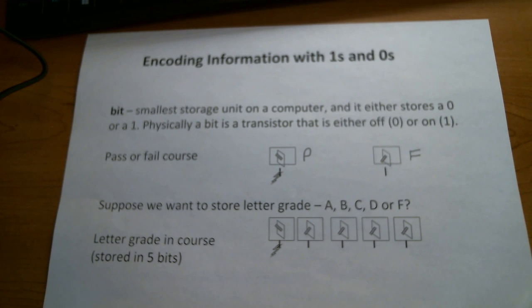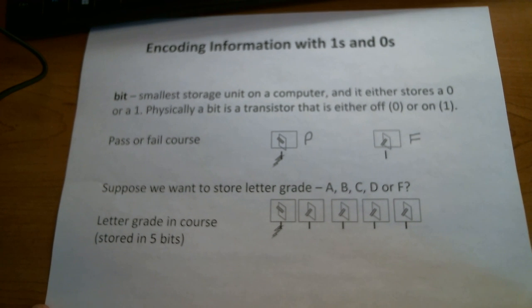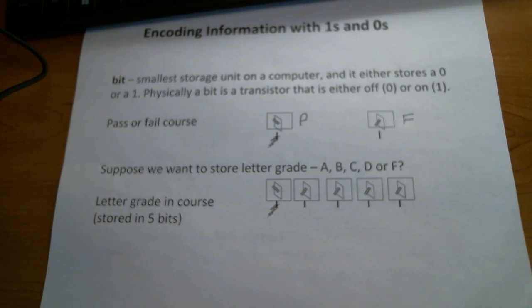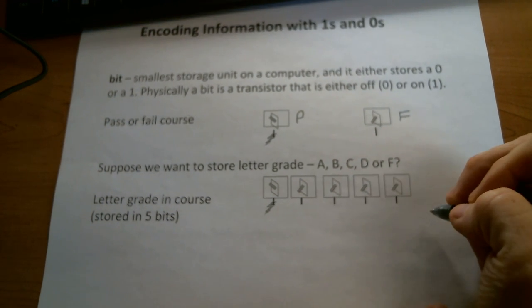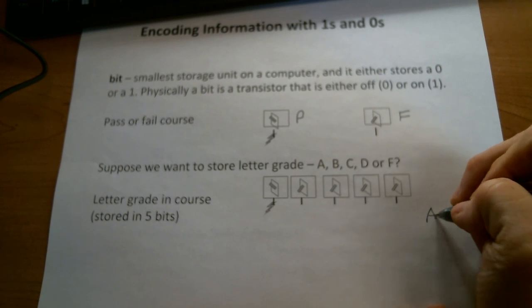Now, let's say we wanted to do something a little more complicated. We didn't want to just know whether you passed or failed. We wanted to know, did you have an A, B, C, D, or F? If we had 5 separate switches, we could think of each of those switches as representing a letter. Let's say the first switch is the A switch.